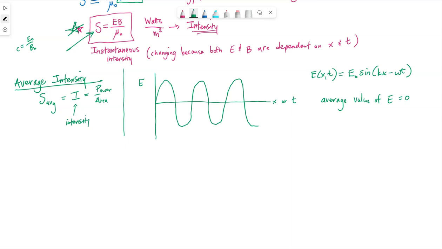Or if I plugged in for B in this intensity or Poynting vector equation, I'd end up with an E squared. So let's look at what happens to our function if we square it. Well, if we square it, all of these negative portions go positive, right? The square of a negative number is a positive number. So now we have our function squared.